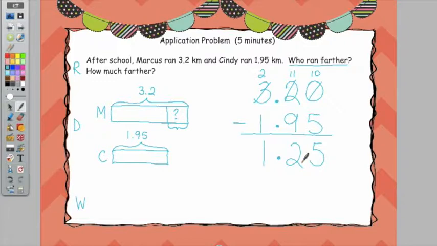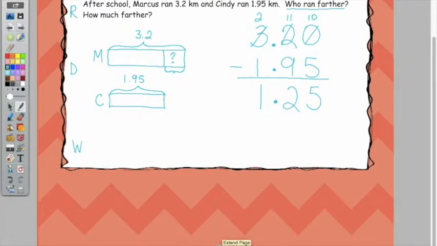Yes. Okay, so when you write your sentence, it needs to answer both questions and be at least 7 words long. Come up with a sentence before you raise your hand. And it has to be at least 7 words. Go ahead. Marcus ran 1 and 25 kilometers farther than Cindy.